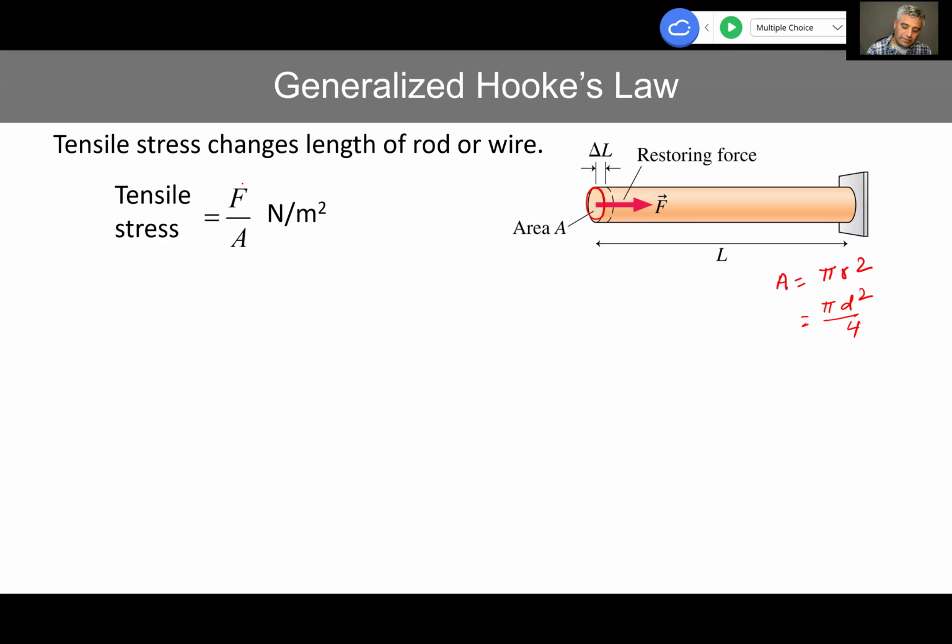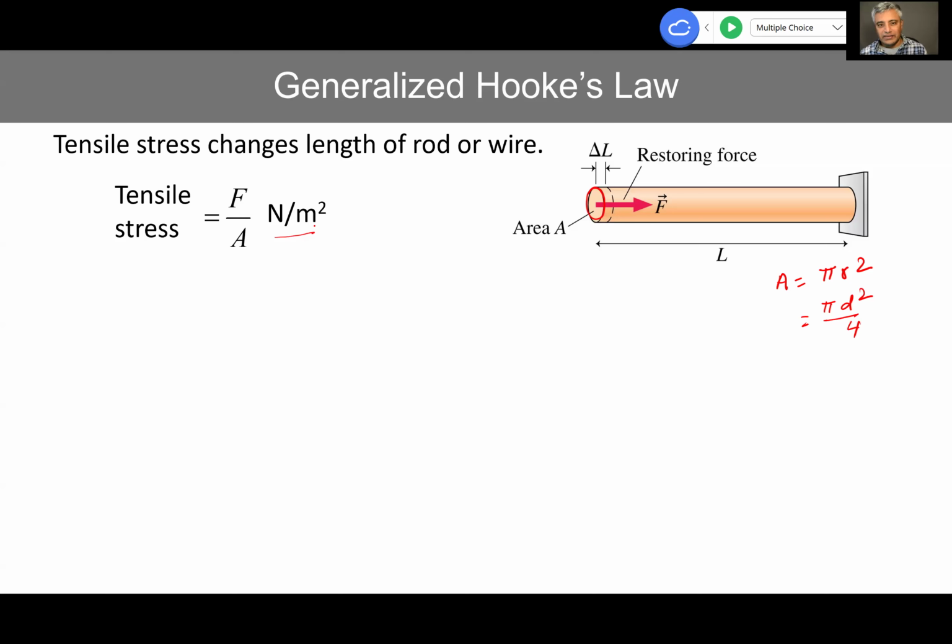When we divide force by area, we call that stress. So we talk in terms of how much stress we are applying on the rod or the bone rather than just force, okay? Force has a unit Newton, area has a unit meter squared, so the stress has a unit Newton per square meter.